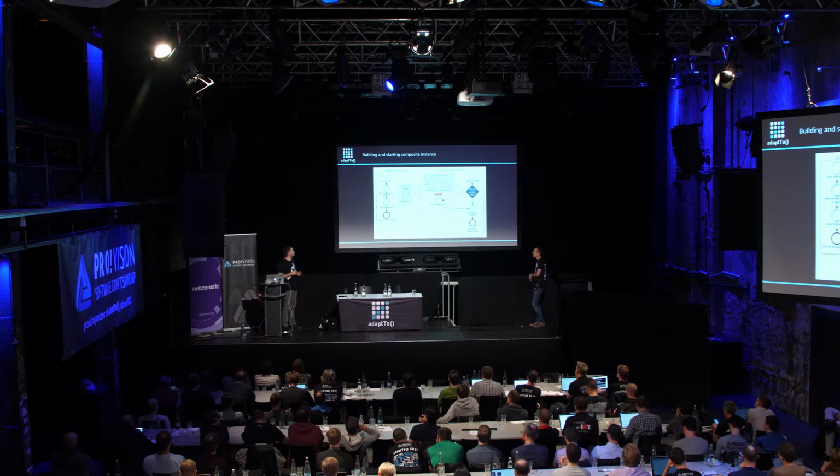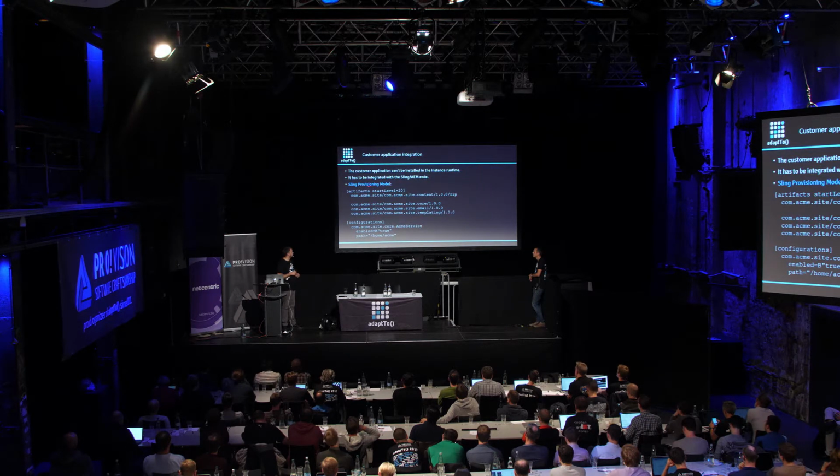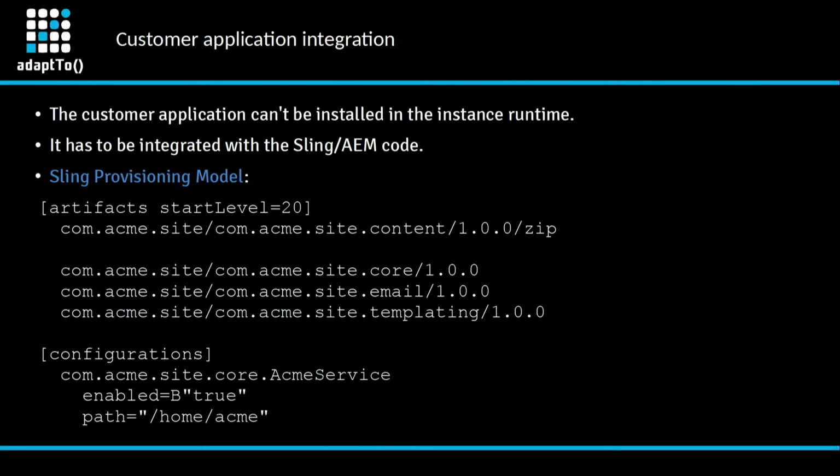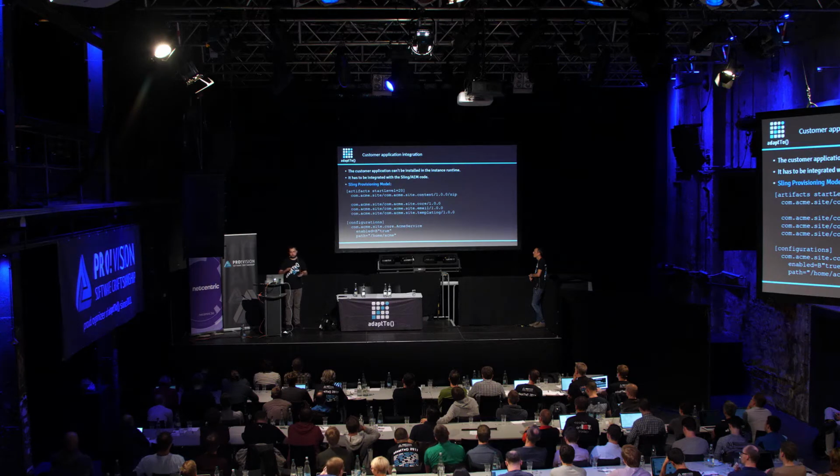We can install it manually, of course, but there is a better way, and this better way is called Sling provisioning model. This mechanism, Sling provisioning model, is used to basically build the whole Sling and build the AEM quickstart. It's a text format which allows us to define all the required content packages, all the bundles, all the OSGi configurations, ACLs, basically everything that builds the whole application together.